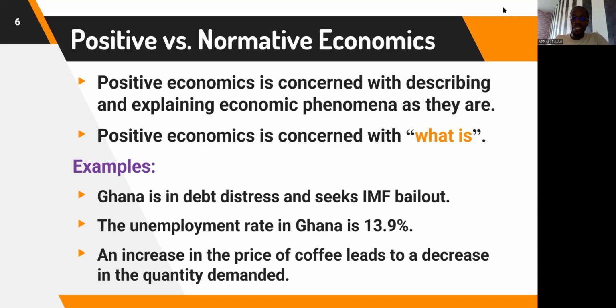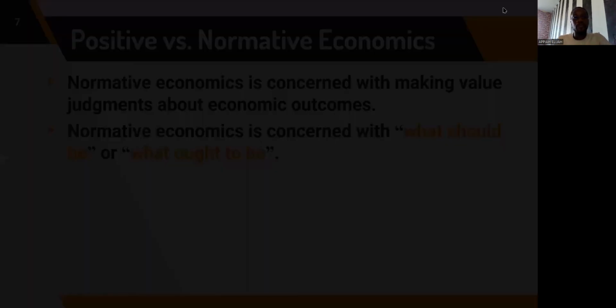If you also make a statement such as an increase in the price of coffee leads to a decrease in the quantity demanded of the good, yes, that is also a positive statement, because you are not bringing any sort of opinion, all right? You are just reflecting what the law of demand actually says. So there are no opinions here.